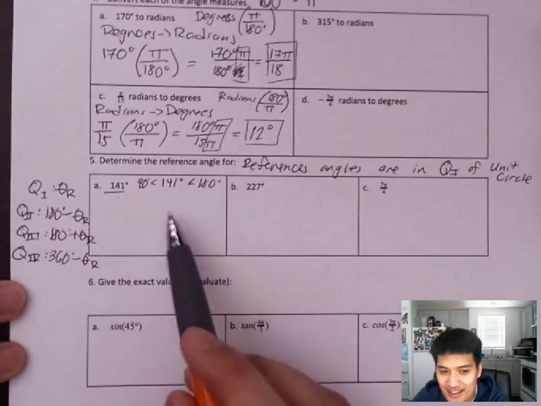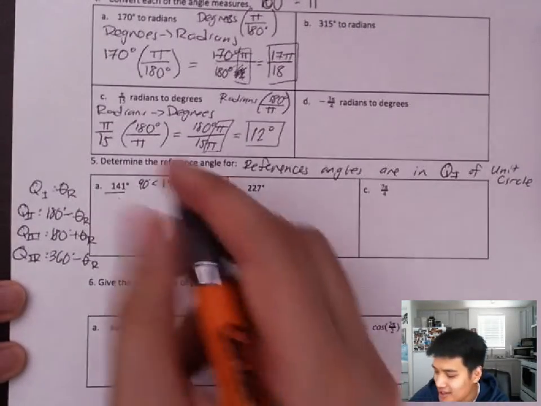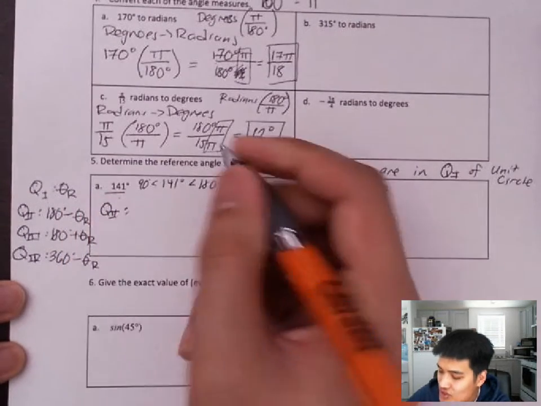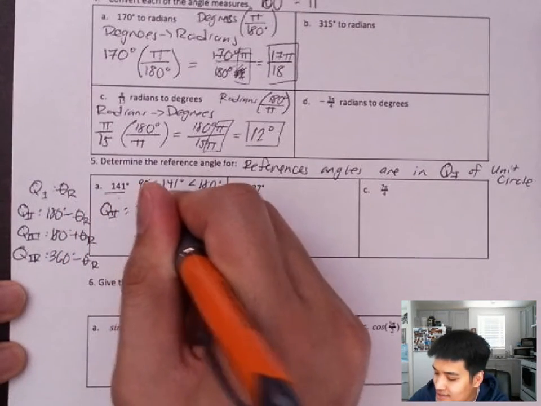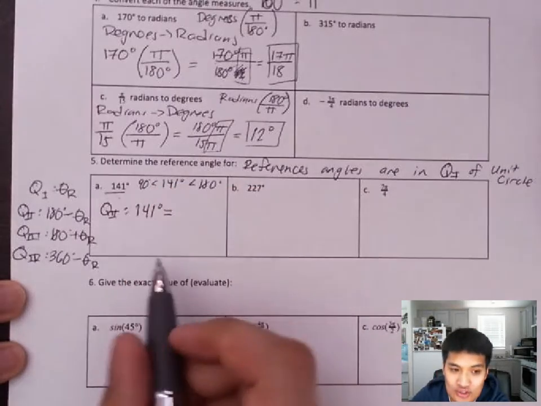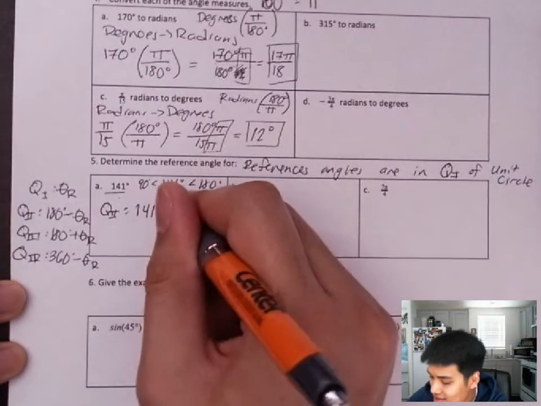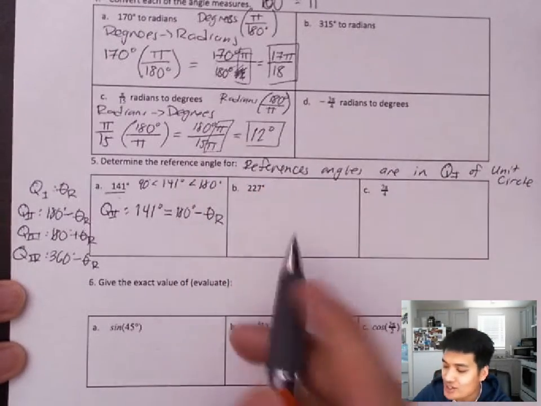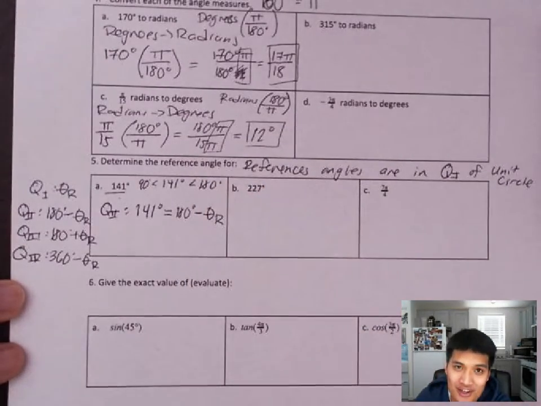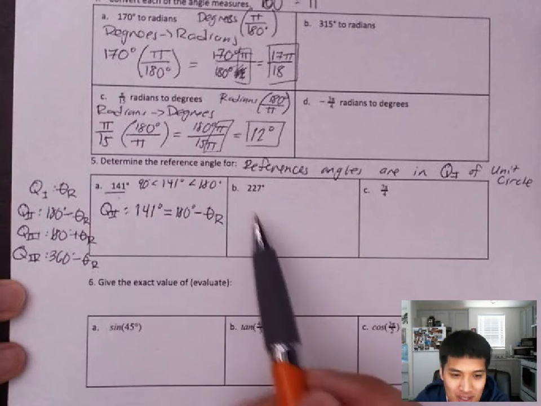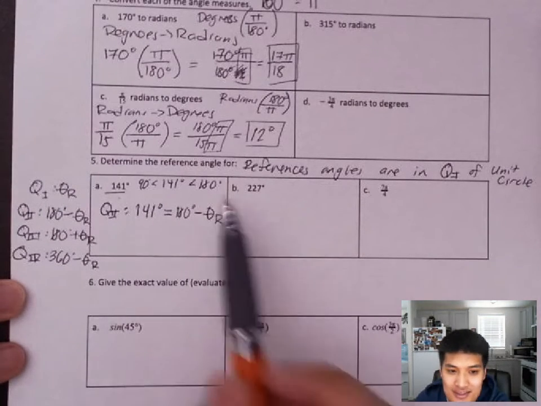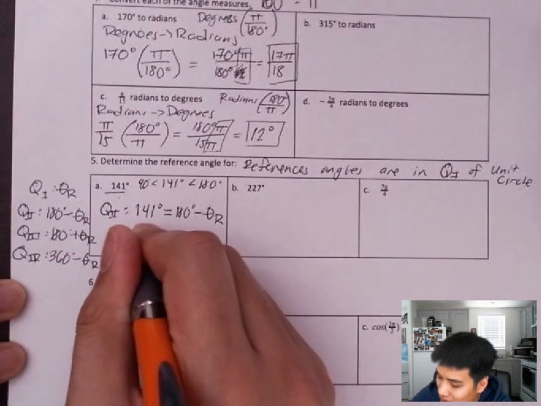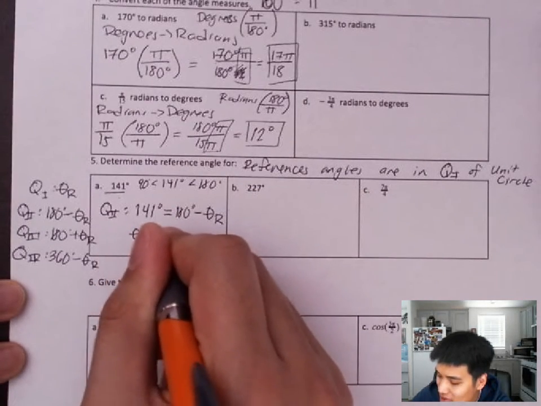So in this particular case, knowing that 141 is in Q2, I would do this. I have 141 degrees equal to 180 degrees minus our reference angle. Here I don't know what my reference angle is, but by using this equation, I can determine what it is. If we do our quick little algebra here, our reference angle will just be 39 degrees.